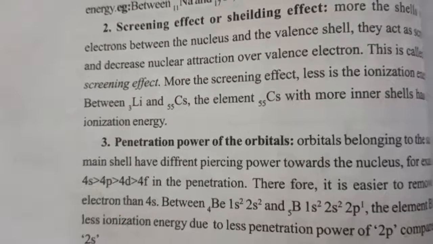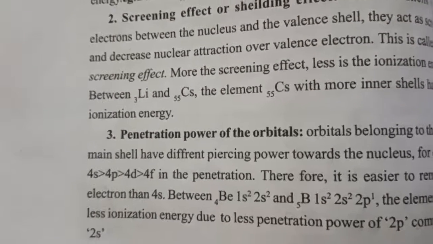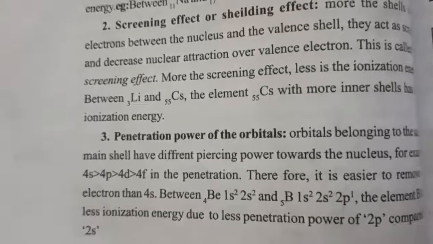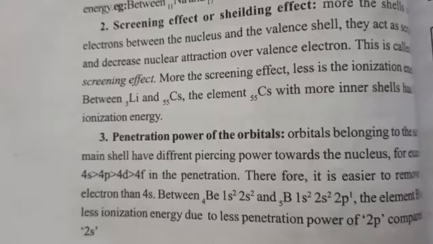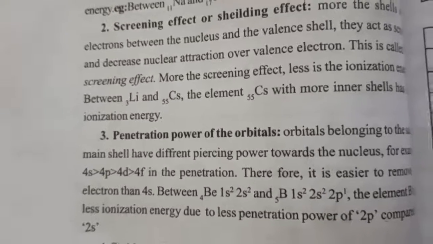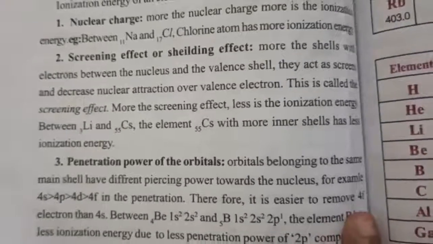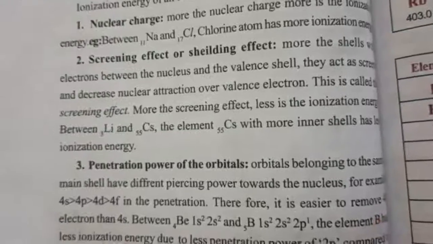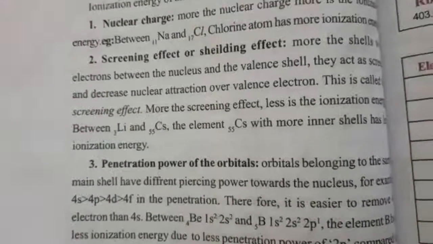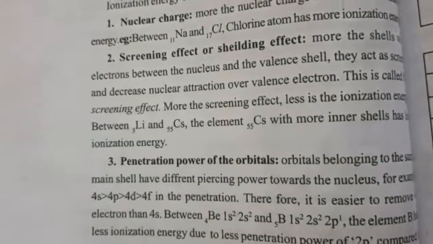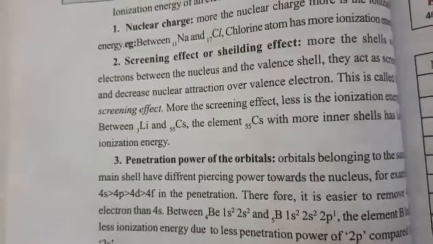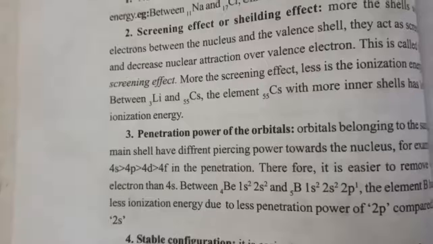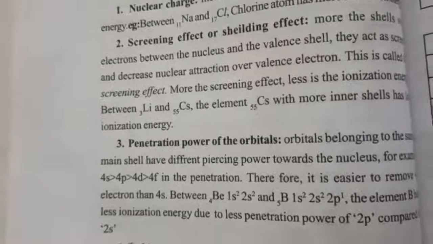So removing an electron from 4s is tougher than removing an electron from 4f. It is easy to remove an electron from the 4f suborbital than the 4s orbital. So ionization energy is less for 2p orbitals than 2s. 2s orbitals have more ionization energy than 2p orbitals.